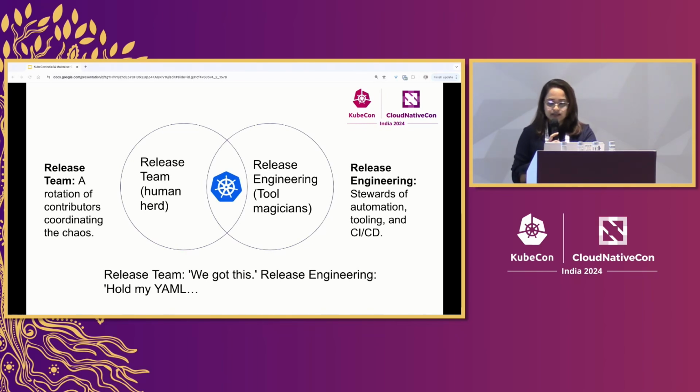On the other hand, release engineering is all about the magic behind the scenes, like the tools, the automation, the continuous integration, and the delivery pipelines that keep the release on track and on time. You can think of the release team as the conductors and release engineering as the orchestra that never sleeps.